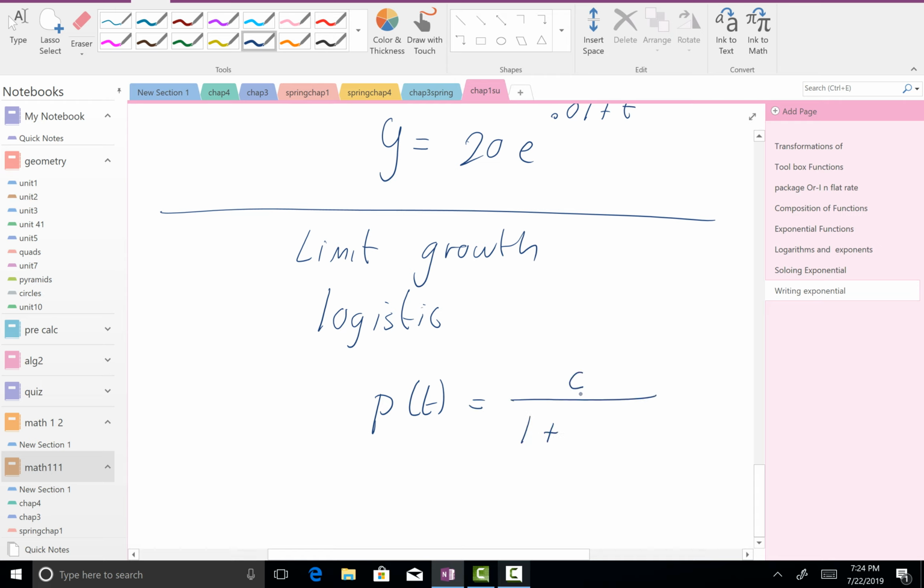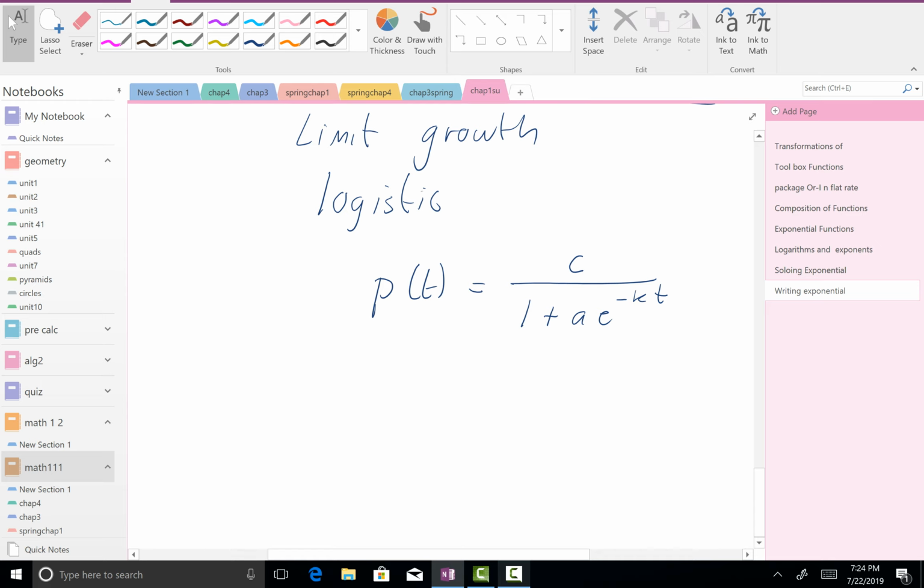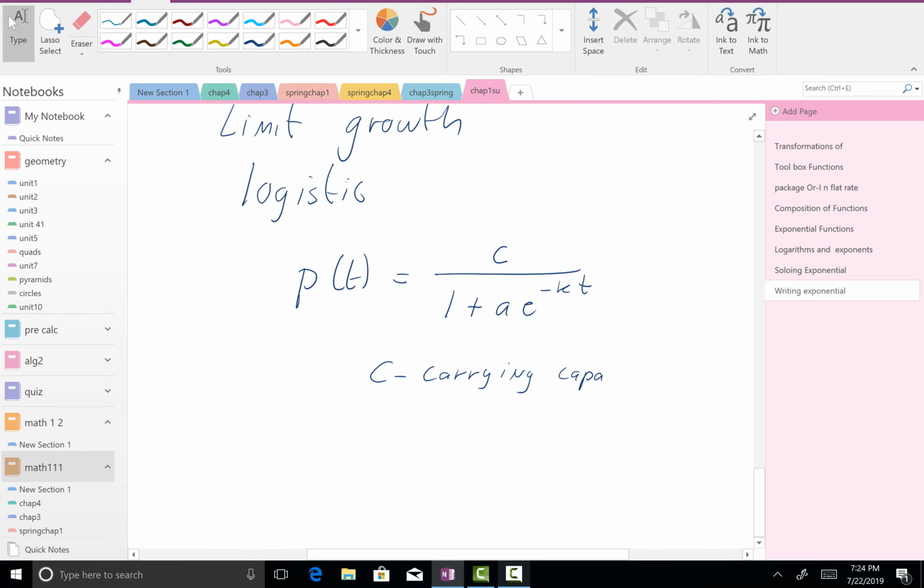And then it says that A and B are constants. Oh, sorry, K. I called it K. They called it B. So there's some type of a constant.